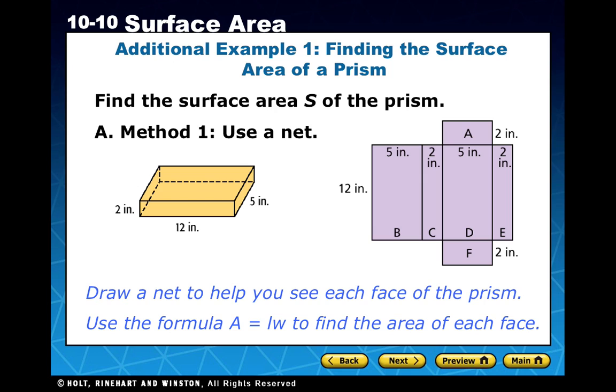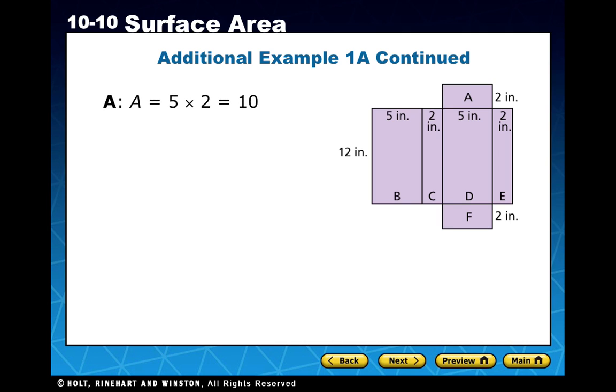So of course the area of a quadrilateral is length times width. So for A and F, since it's the same, we'll do 5 times 2. For B and D, we'll do 12 times 5. And for C and E, we'll do 12 times 2.